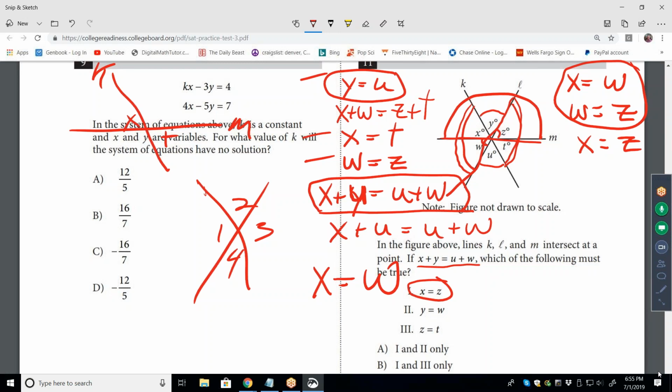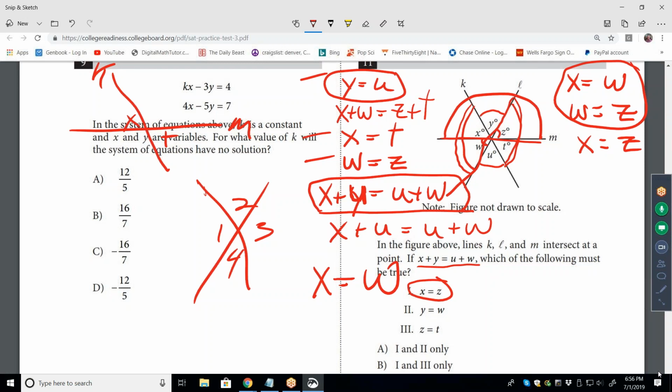Well, y was equal to u. And u, we don't know what u is equal to. u is equal to y only. So I don't know that I can say y equals w. Hold on for a second.